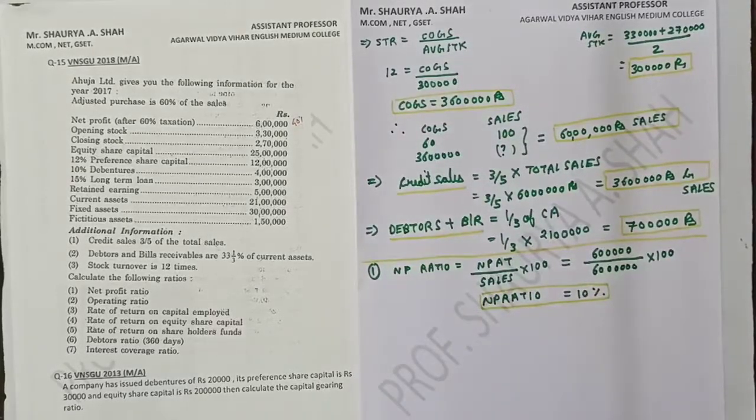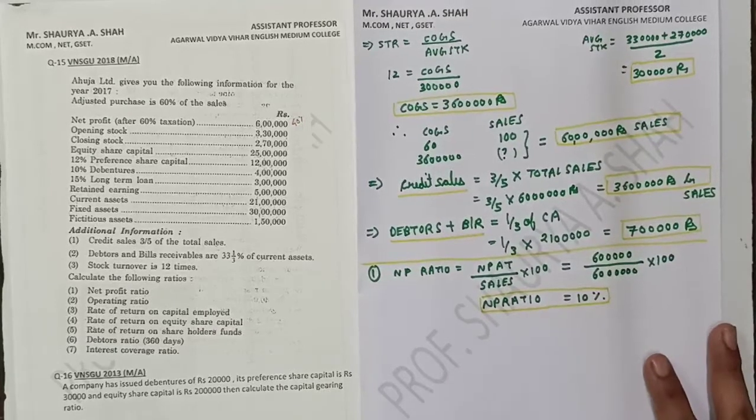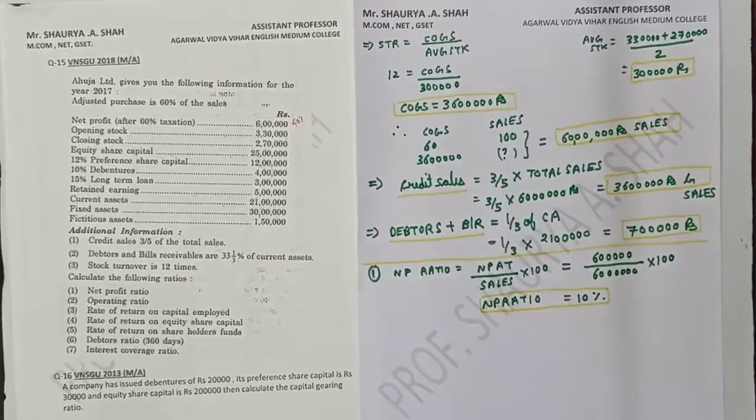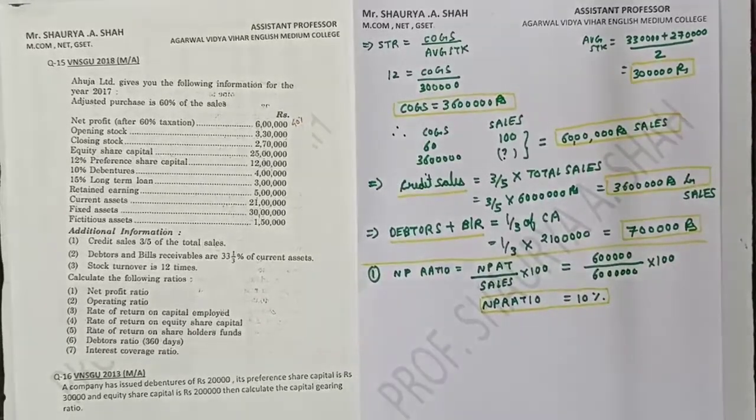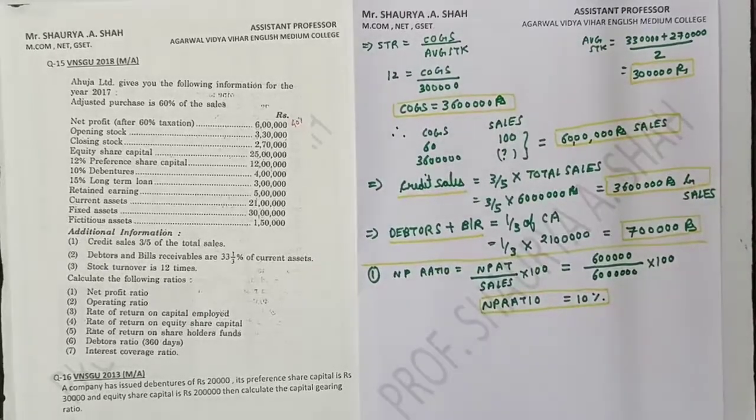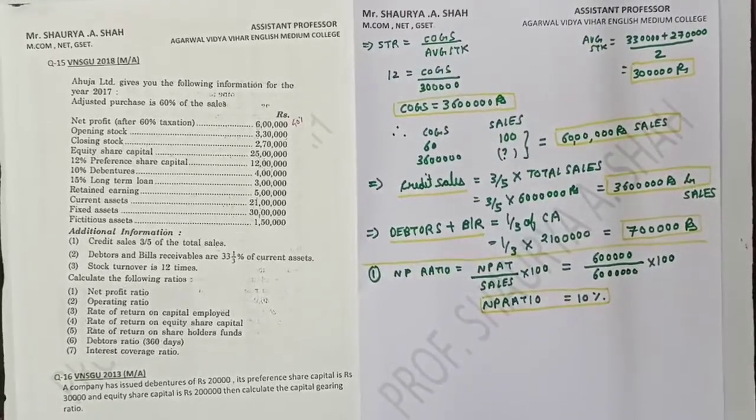Fine. Simple thing, whatever we were doing in the previous lectures and the previous sums also. So NP ratio is 10%. Is it clear? Okay. Now moving ahead to the next part of the sum, right? The next part they have asked is your operating ratio, right? Just now we saw the entire sum, students.